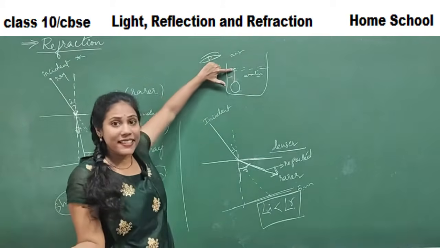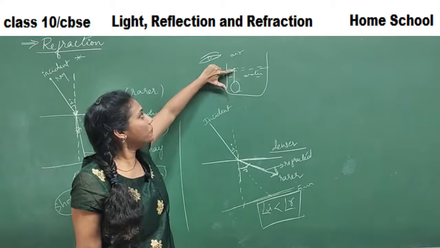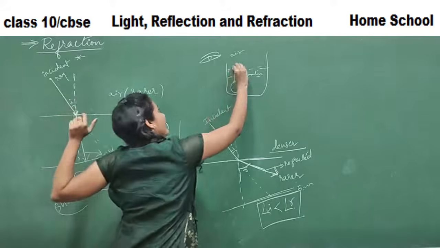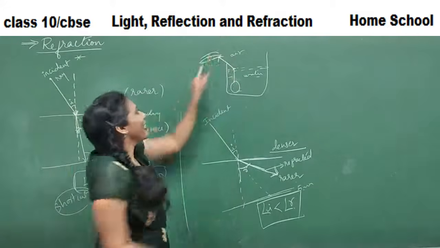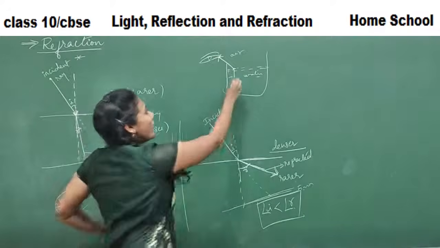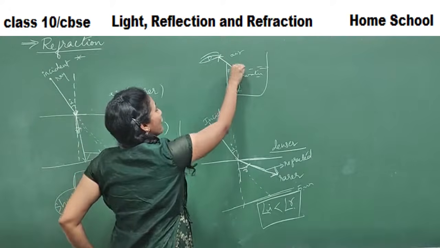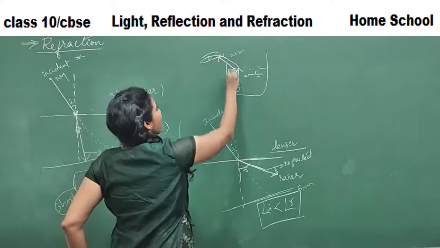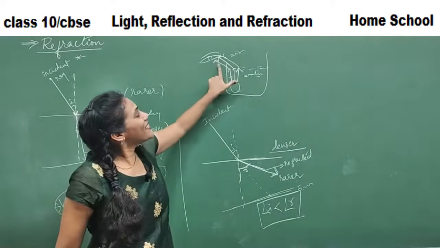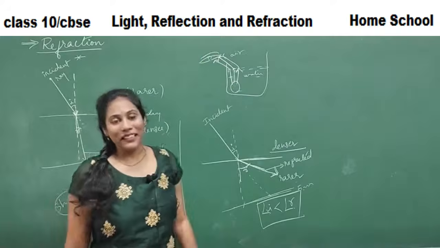Imagine this is like an incident ray, the ray that is coming from the object. The moment it reaches the boundary, it bends, right? It will bend towards my eye, like this. All the rays coming from the coin are bending like this. That's the reason I could see this particular coin.